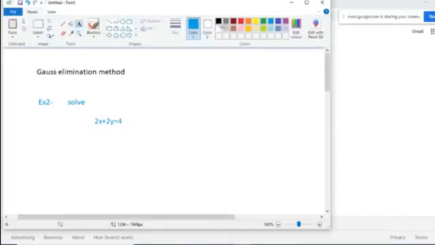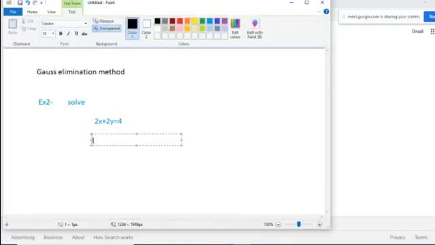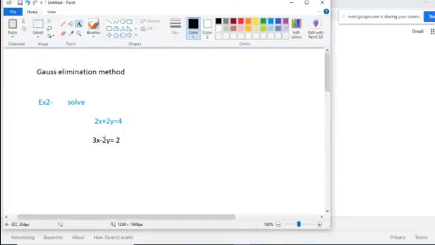At the same time, the second equation: 3x minus 2y equals 2. Okay, no issue, keep it like this. This is the equation, and I'll try to solve it now with you. Can you help?